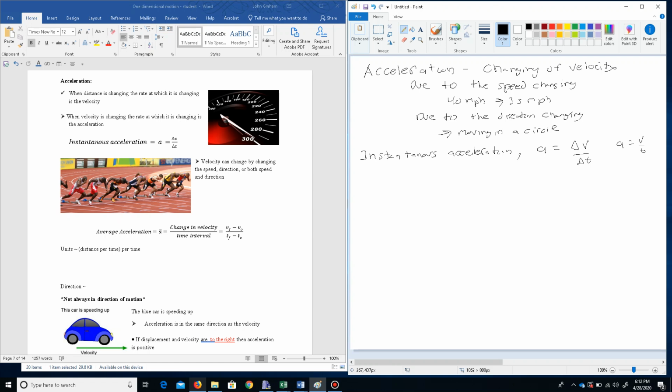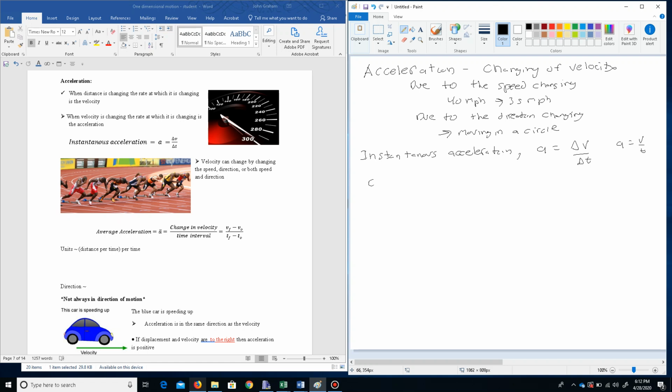Now, we're going to get more into details with our motion equations as well, but these are for basic change in velocity over time change.